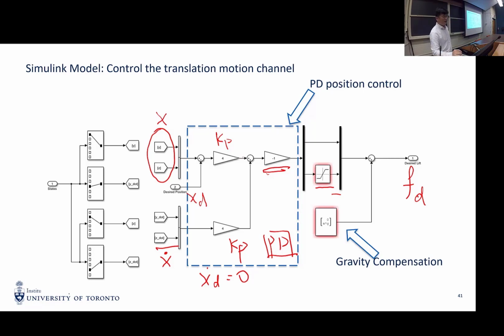And on top of the force to control the motion of the quadrotor, this part is the gravity compensation. So basically, in addition to the force to move the quadrotor around, we also need a force to compensate for the gravity. So before we send this FD to the attitude controller, we add the control force with our gravity compensation force.